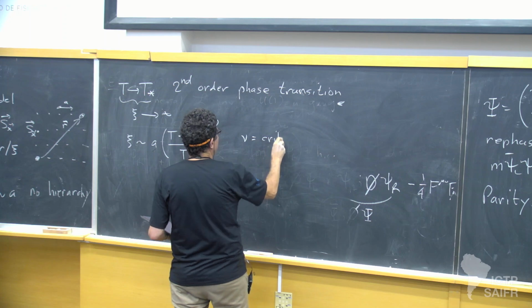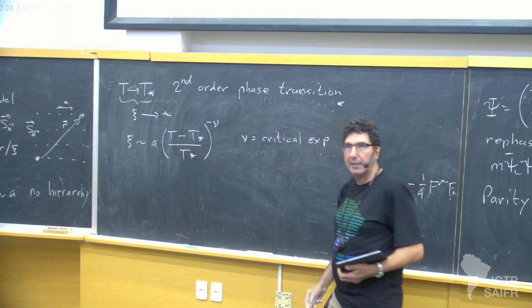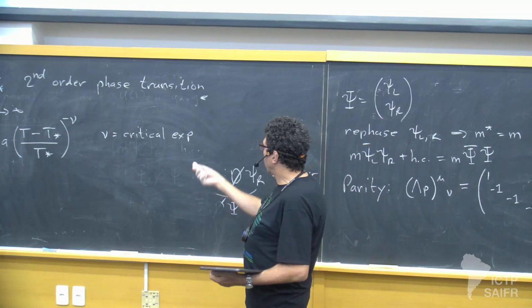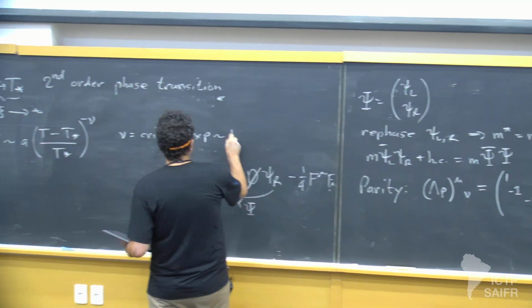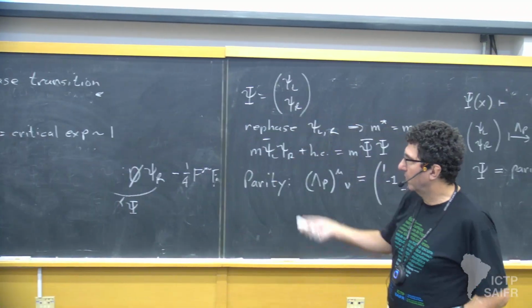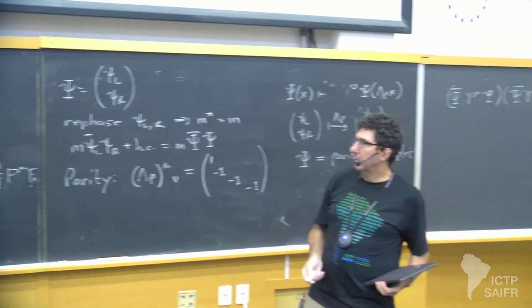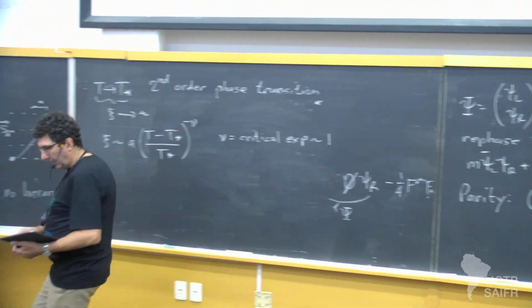This thing, nu, is called a critical exponent. I should have looked up what it is, but it's some number of order 1. Maybe it's 0.5. I don't know what it is for the Heisenberg. I guess it has to be Ising in 2D, but anyway, it doesn't matter.